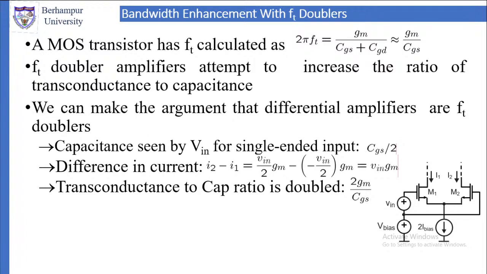Ft can be increased only if Gm by CGS is increased. Therefore, Ft doublers in amplifiers attempt to increase the ratio of the transconductance to capacitance.